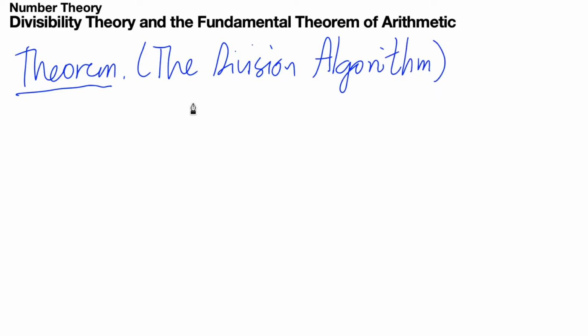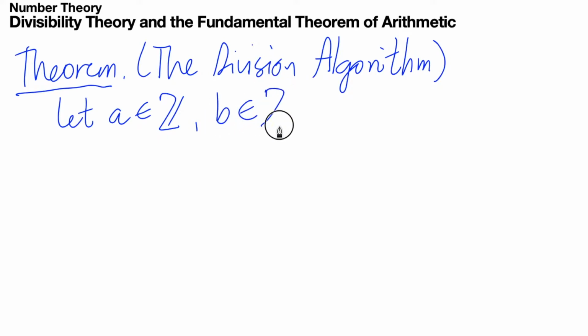So what does it say? Let a be any integer, so a is in the integers, and let b be a positive integer, strictly in the positive integers. You may write that as the double-struck N, the natural numbers.